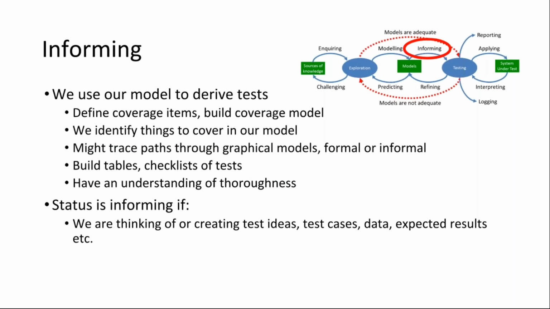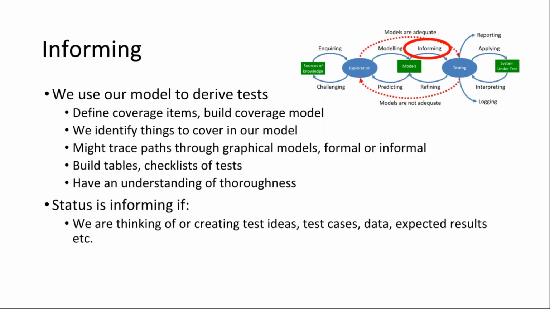So informing, which is kind of middle upstairs on the diagram, is where we use the knowledge we've gained through inquiry and modeling. We use our model, our understanding, to inform our test design. So we're in this phase of informing if we're creating test ideas, cases, data, expected results, the mechanics of creating usable, executable tests.